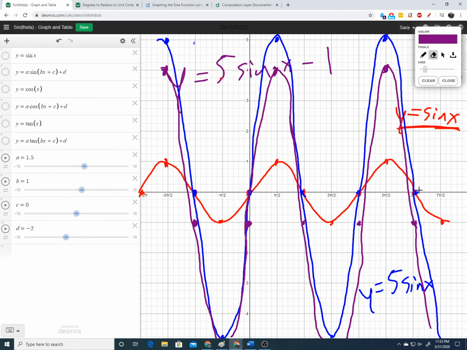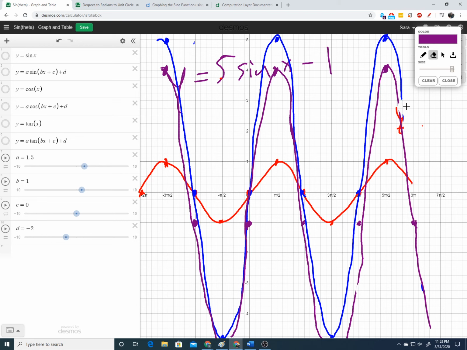Alright, now for the sake of what we're doing, I'm going to erase everything except for my purple graph, because ultimately the purple graph is what I'm looking for. When you do this on paper for me, and at some point you will be, I'm not going to have you do it for your assignment today, you do not have to go through and erase all of these lines that are not your final graph.